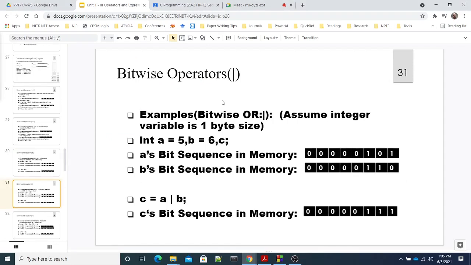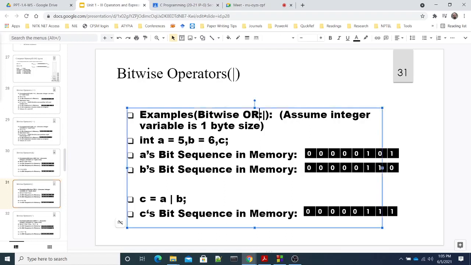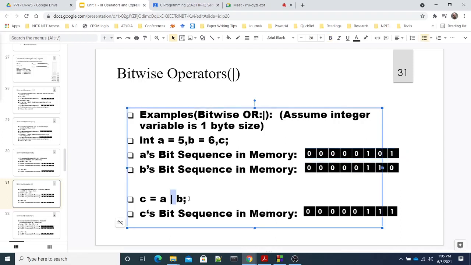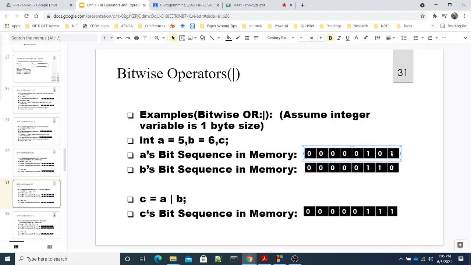Here, instead of AND operation, OR operation is performed on the individual bits. Same thing, C is equal to A bitwise OR B. Previously, I applied bitwise AND. Now it is bitwise OR. So here it will become 1 or 0.